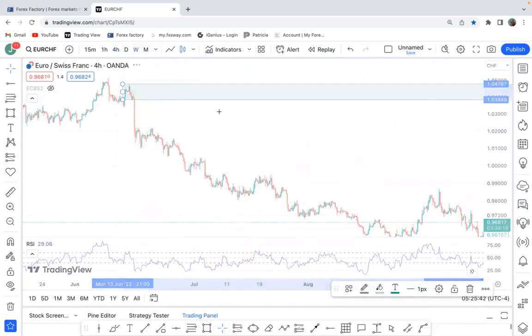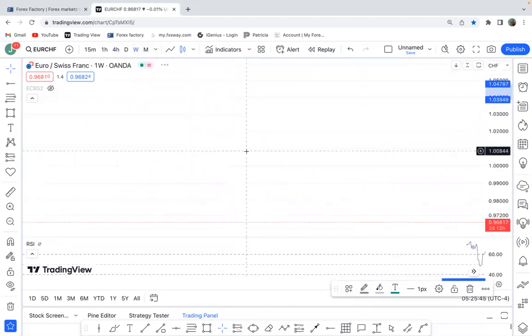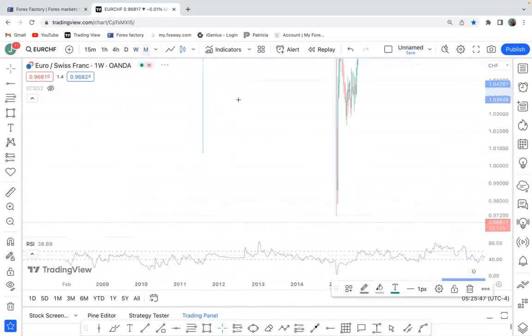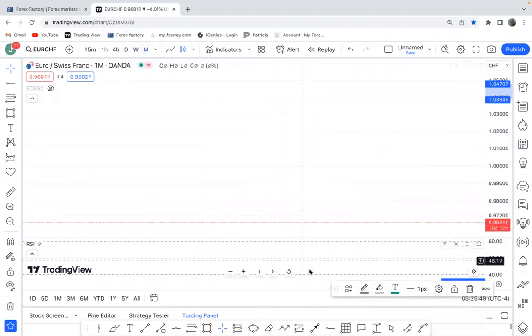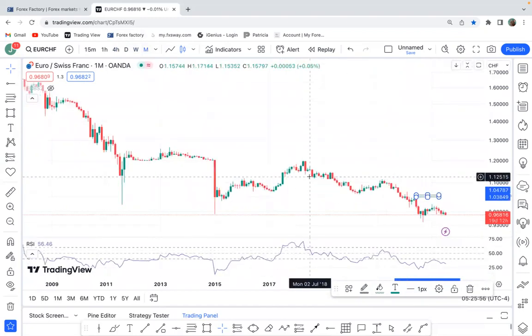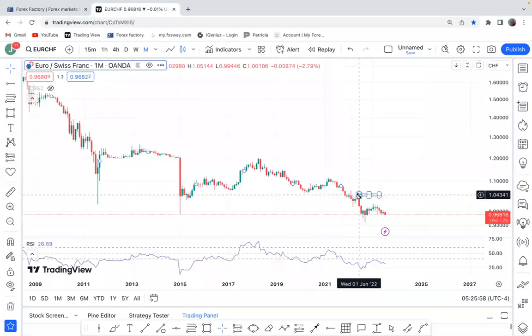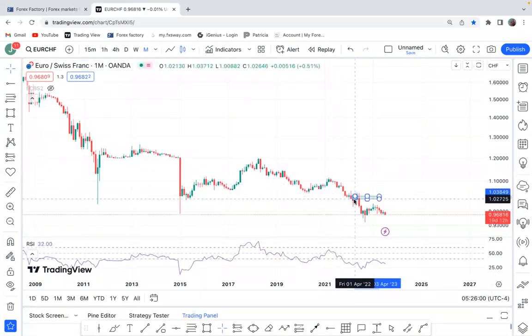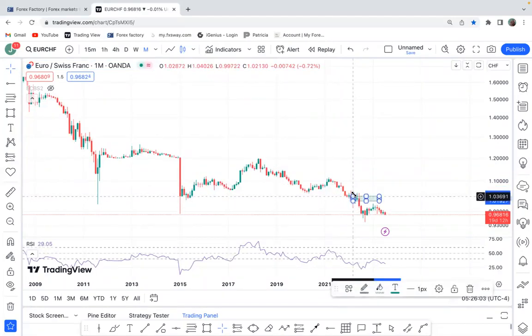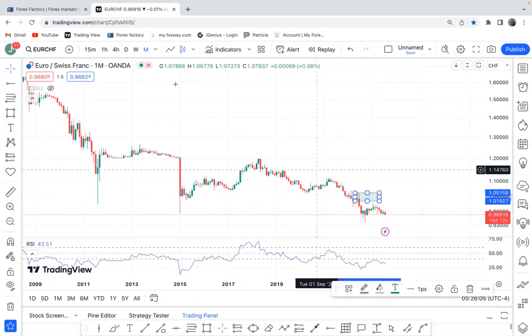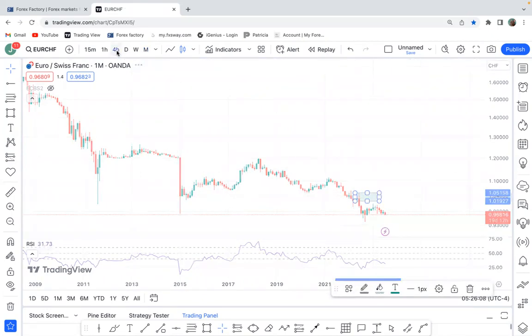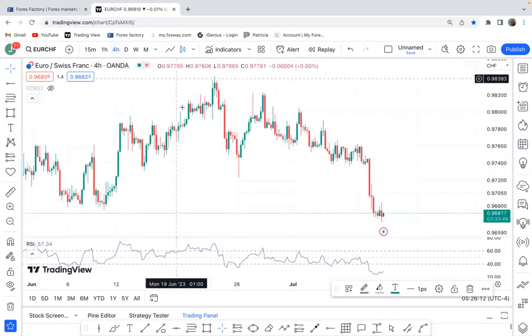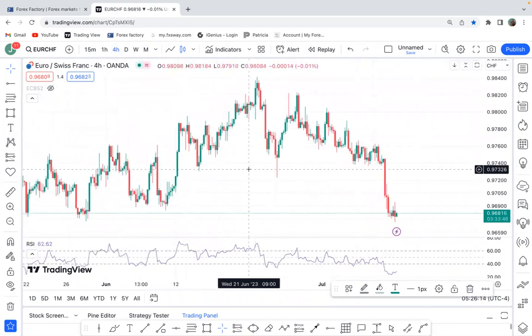So remember we started from the monthly time frame and then refined down to the 4 hour. And then when price gets to the order block, I don't just go in, I wait for a confirmation.